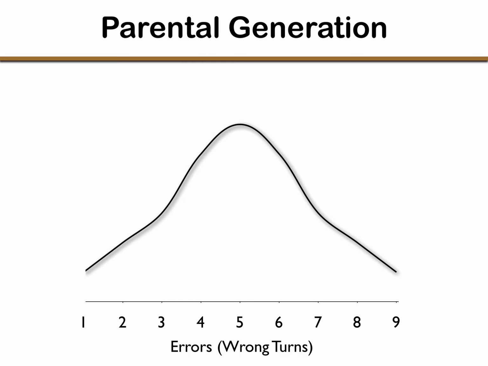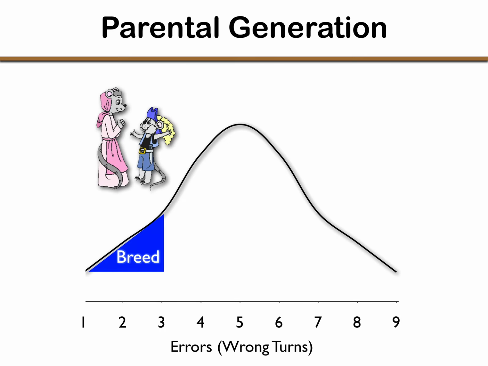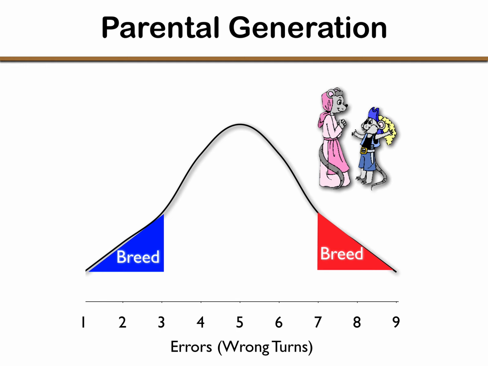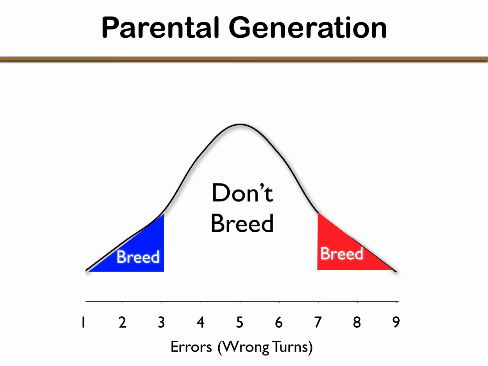And by the way, those are the terms that the experimenters used. They might be politically incorrect today. So you're going to breed those rats that make very few errors among themselves. And you're going to breed those rats that make a lot of errors among themselves. And you're not going to do anything with the ones in the middle. Just use them for some other kind of experiment or whatever. Okay, so we're just focusing on the extremes in this selective breeding experiment.